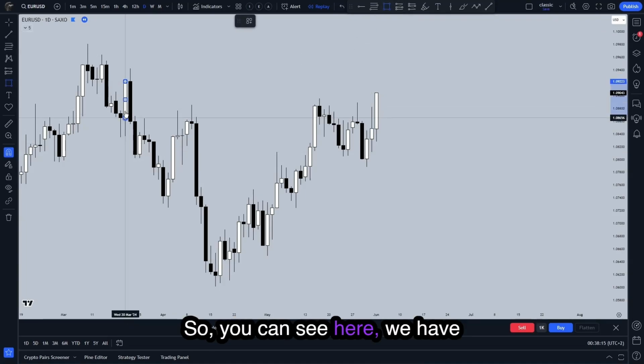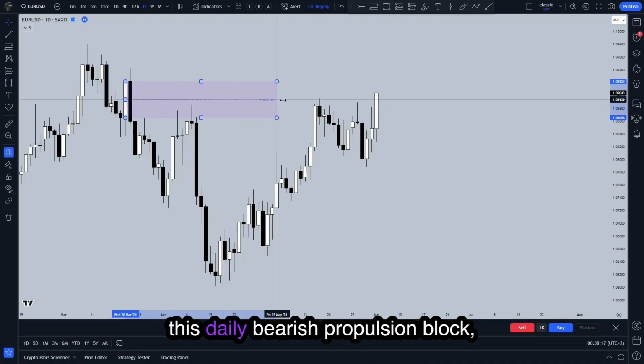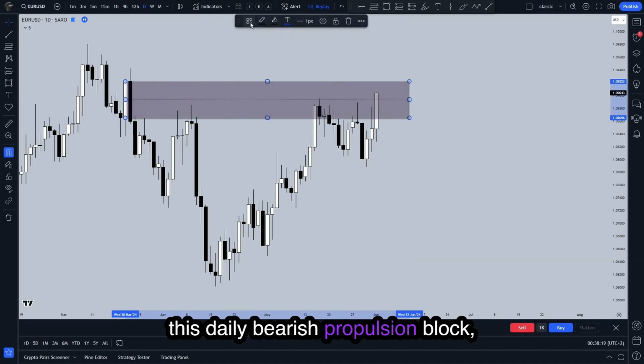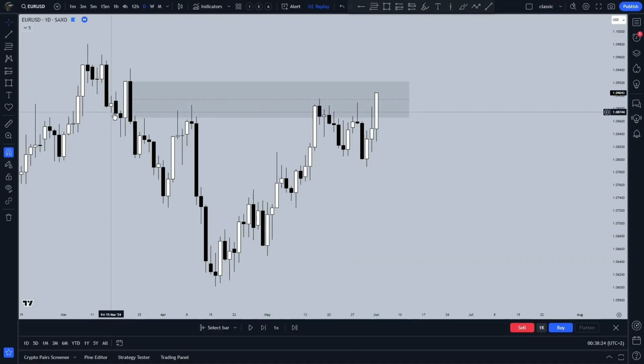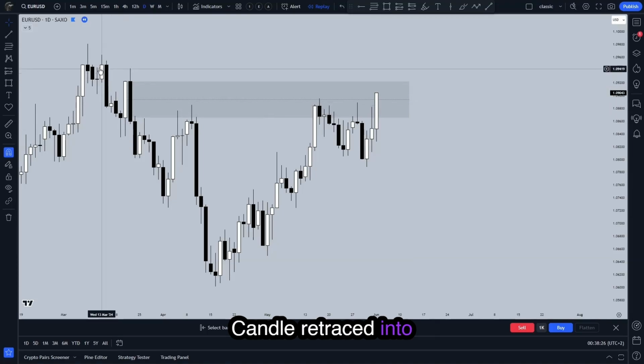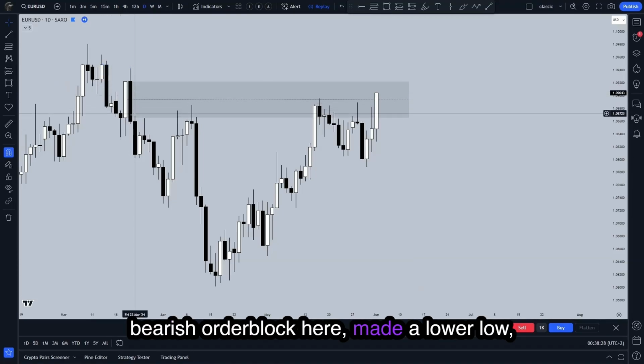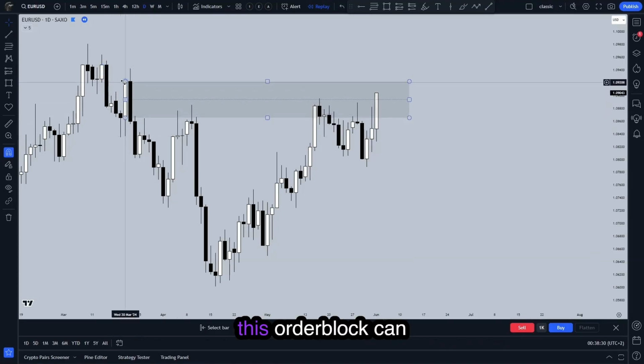You can see here we have this daily bearish propulsion block. The candle retraced into the bearish order block here and made a lower low, so this order block can be refined into a propulsion block.